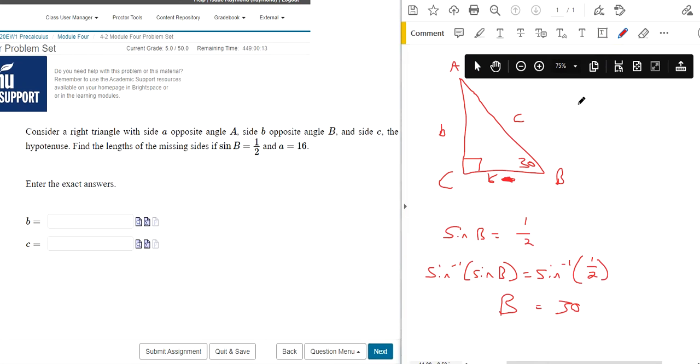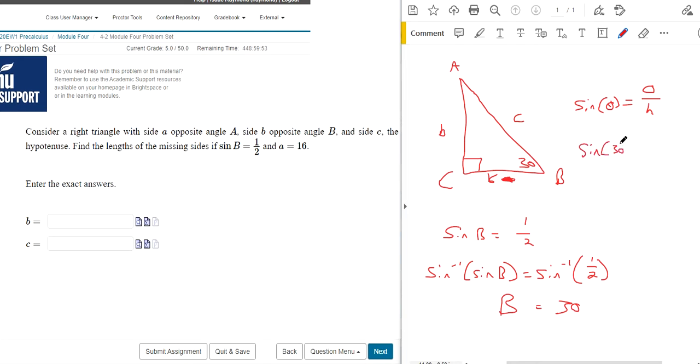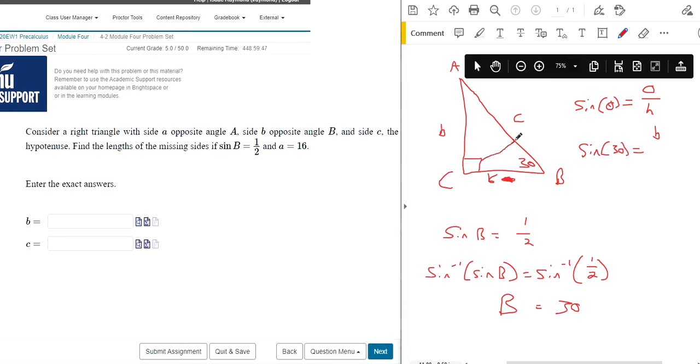Sine of some angle is equal to the opposite side divided by the hypotenuse, where opposite refers to angle theta. If we use sine on this angle, sine of 30 equals the opposite of 30, which is the letter b, divided by the hypotenuse, which is the letter c.